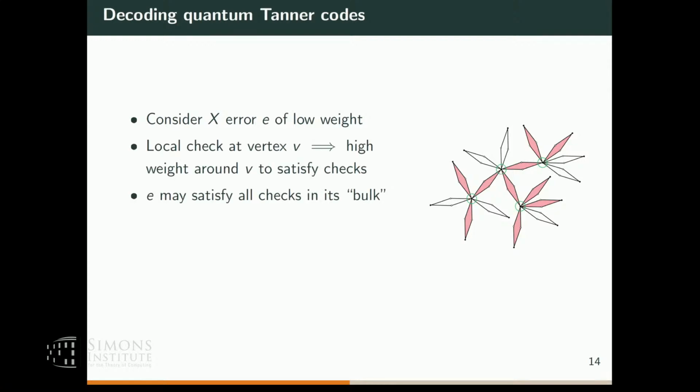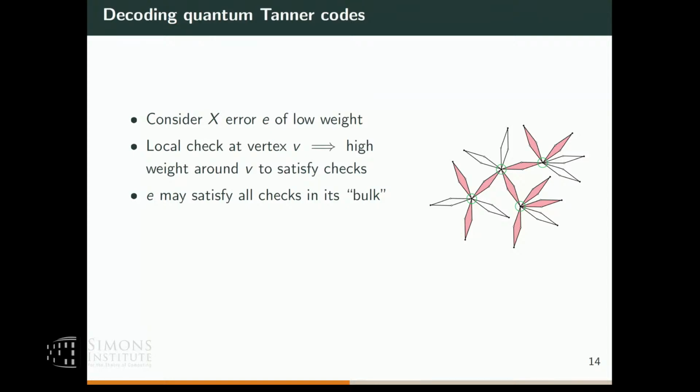The classical code has to be chosen appropriately, but it's basically going to require that if we want to satisfy all the checks on a particular vertex, then the error has to have high enough weight around that vertex. Okay, so if this is the entire error region, then technically it's possible for all of the checks at this particular vertex to be satisfied. So you don't have any syndrome of the error at this particular vertex. In the worst case, you might not detect it.